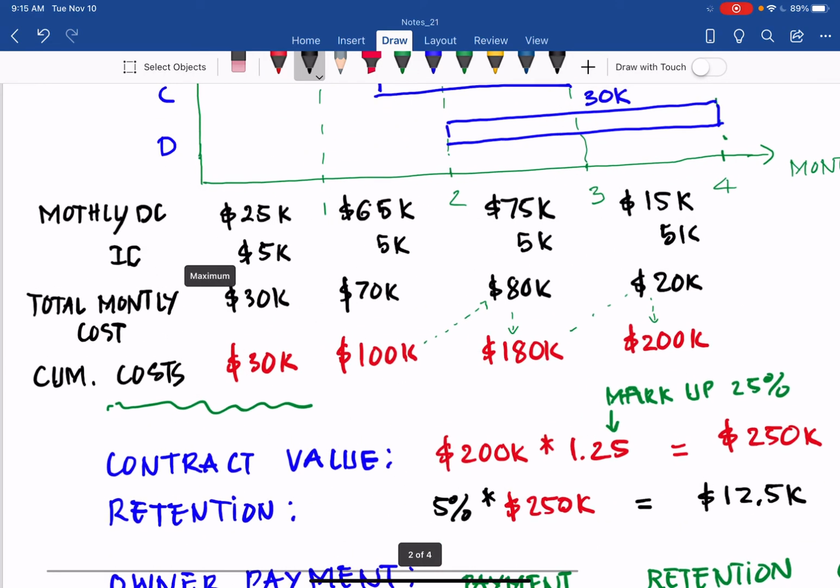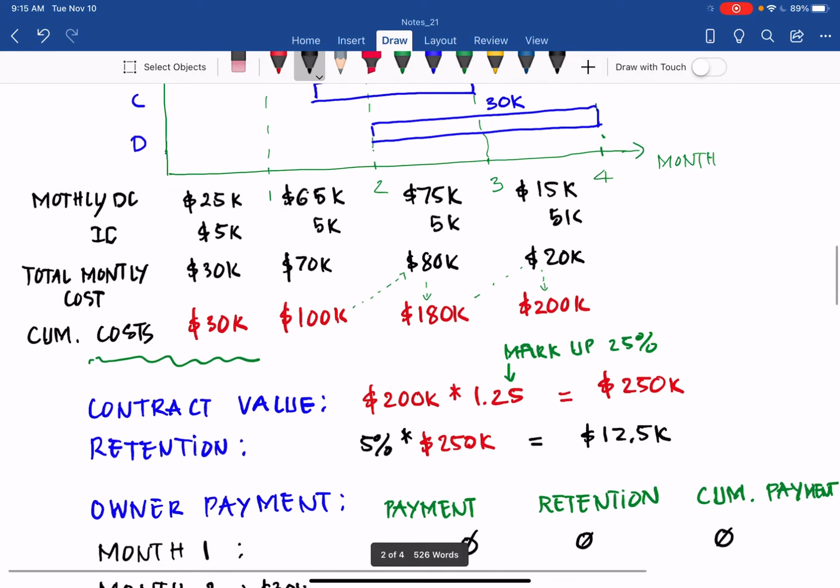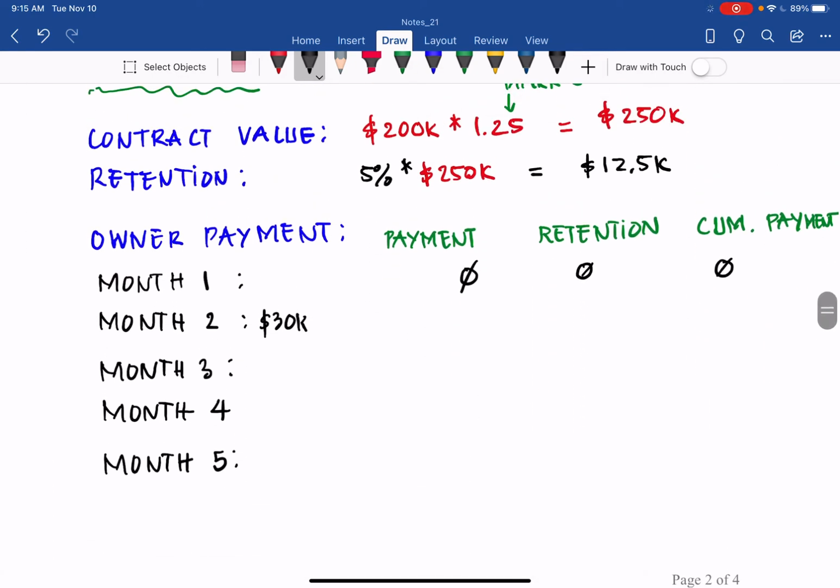See that here, the contractor spent in month 1, but the payment is delayed 1 month, so it goes to month 2. And that is the cost times the markup, and you get the value. And it's retained 10%, so the owner actually only pays for this month 90%, because of the retainage of 10%.